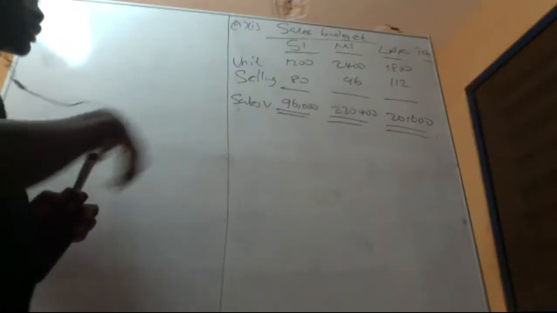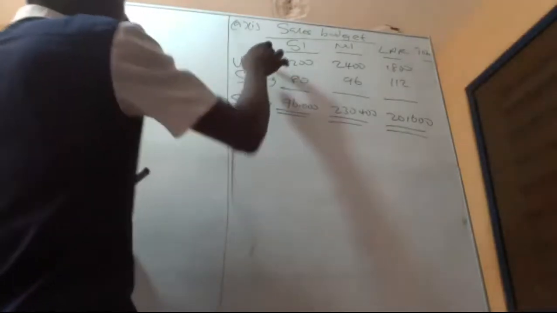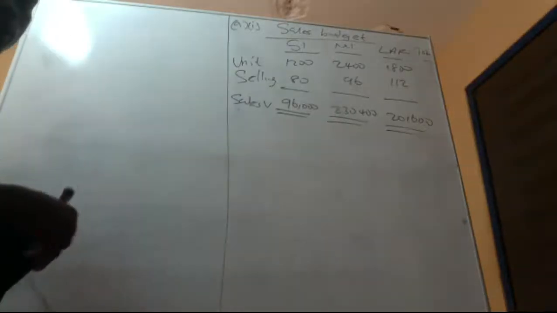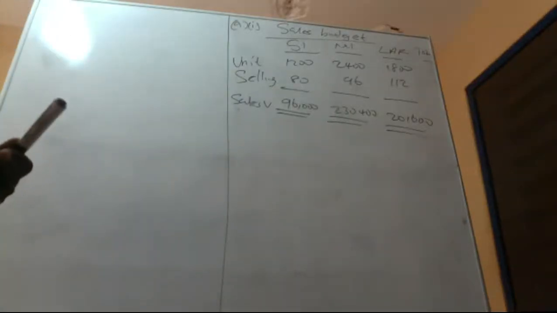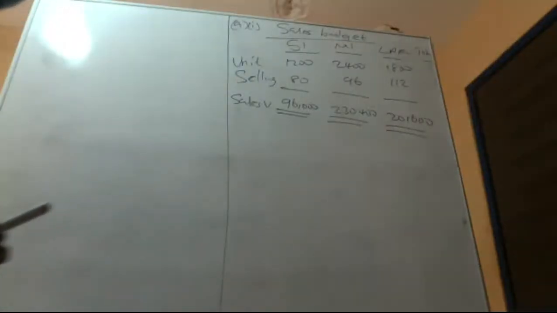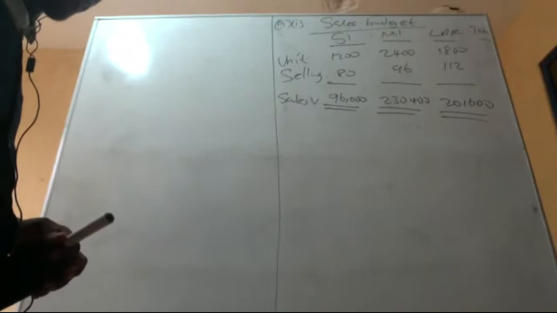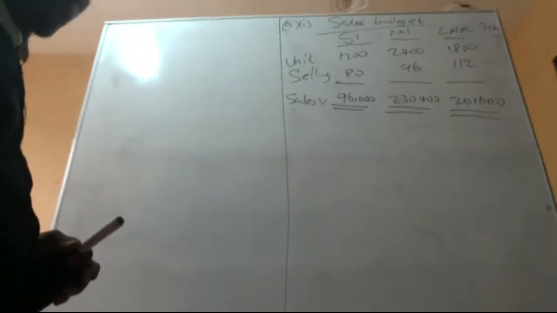This is the unit and this is the value. If you want to get a value, just multiply by the selling price and you're done. And don't forget that I placed some totals there.